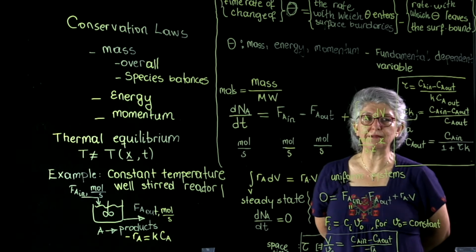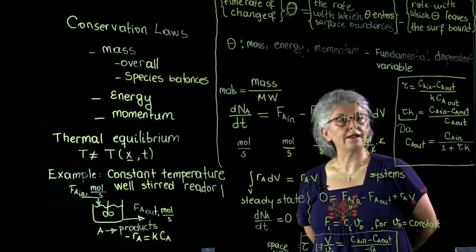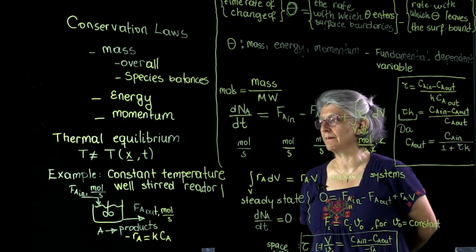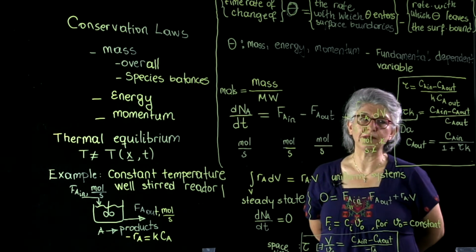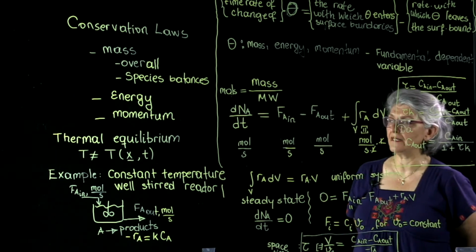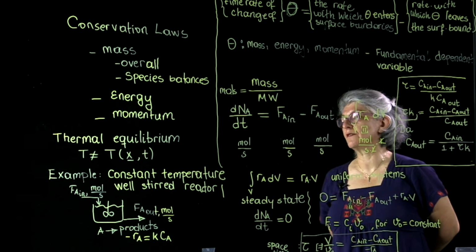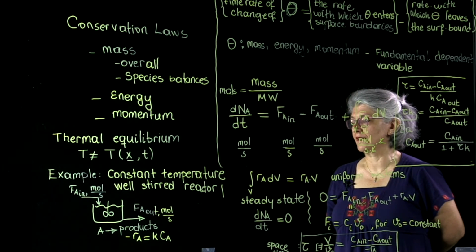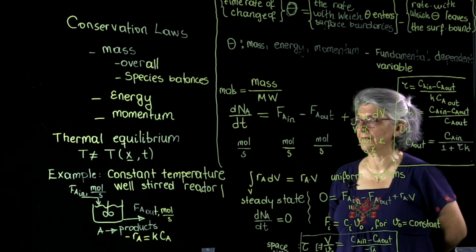We can play with the reaction rate constant by playing with the temperature. We can play with the space-time by either changing the volume of the reactor, which industrially is not very easy, but we can change the space-time by changing the flow rate that comes into this reactor, which is relatively easy, where we can do our engineering.